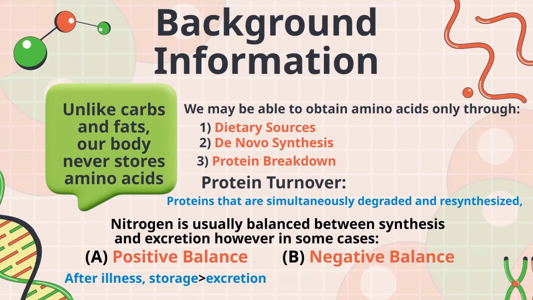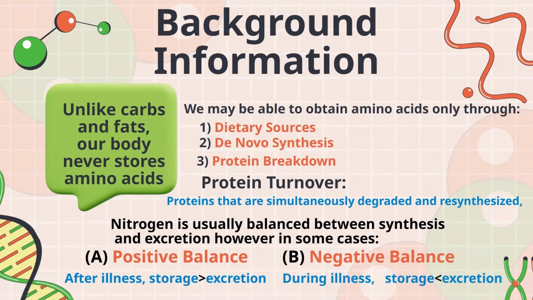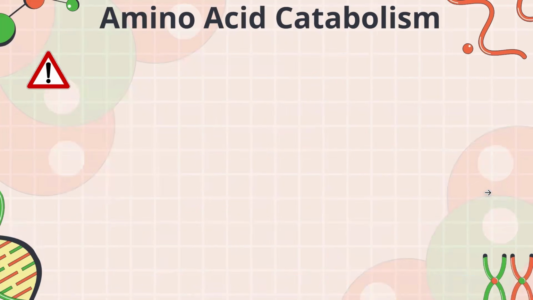We're feeling much better, more ecstatic, and we're storing more than excreting. But a negative balance is during illness, trauma, or stress, when our body is excreting more than storing, rushing to push out all of this nitrogen. That's the way I'd memorize it. I hope this helps. Next, we'll talk about amino acid catabolism.